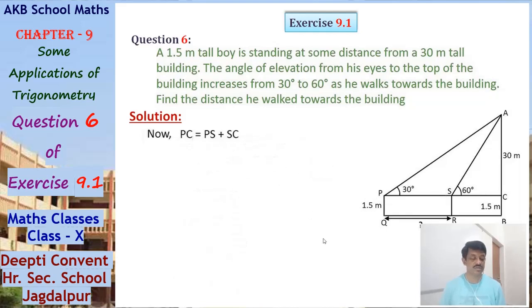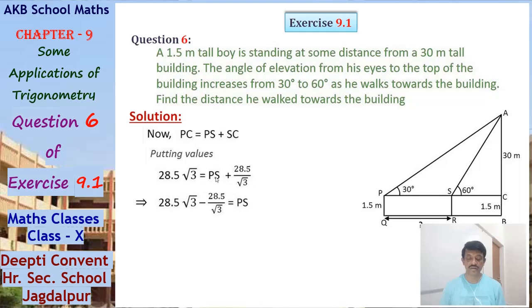Now PC equals what? PS plus SC. Therefore, putting the values here, we get PC equals 28.5 root 3 and SC equals 28.5 by root 3. Now solve it. Transferring this value to the left hand side, PS equals this.